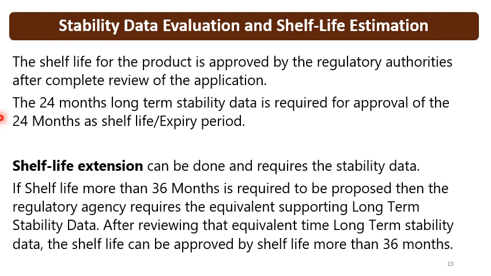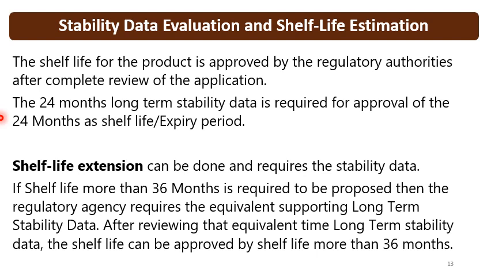The 24 months long-term stability data is required for approval of 24 months as a shelf life or expiry period. So generally, the regulatory authorities approve the product after having stability data of 24 months. Shelf life extension can be done and requires the stability data.